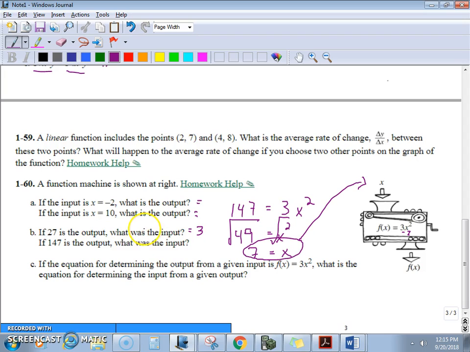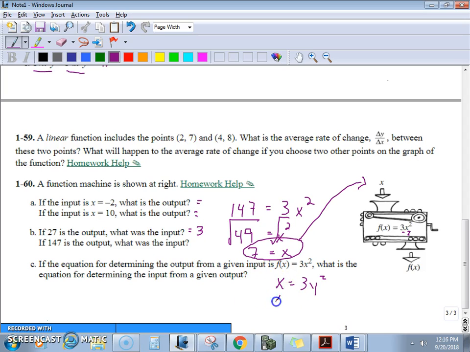Question C, if the equation for determining the output from a given input is f of x equals 3x squared, what is the equation for determining the input from a given output? That's another way to ask for the inverse relationship. So we just switch, we make this x is equal to 3y squared, and we solve for y.